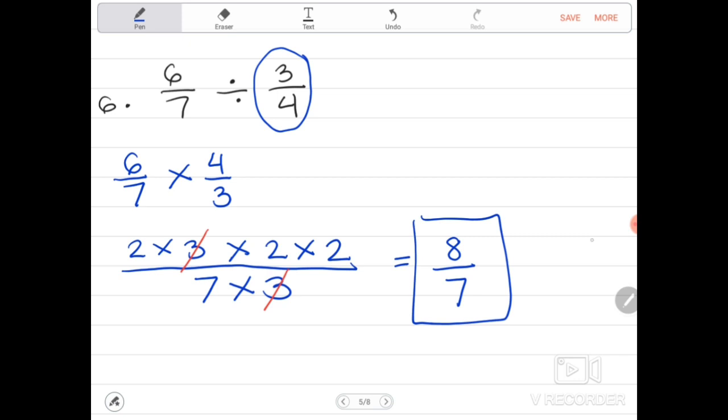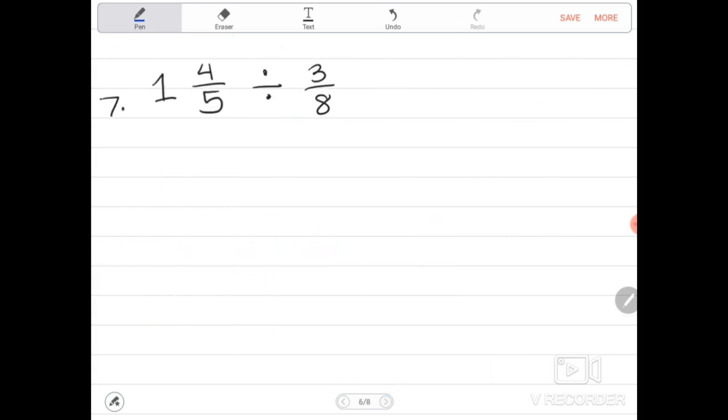Next, number 7. We have 1 and 4/5 divided by 3 over 8, the same as multiplication. Change the mixed fraction into an improper fraction, then perform the indicated operation.